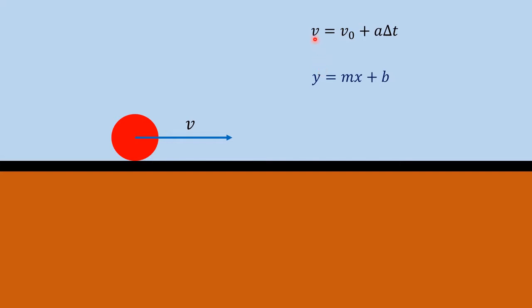Otherwise, it's the same dependence, right? There's no x squareds here. By the same token, there's no t squareds up here. There's no x cubed, etc. It's not like we have the sine of x in here or the tangent of y. This is a linear equation.